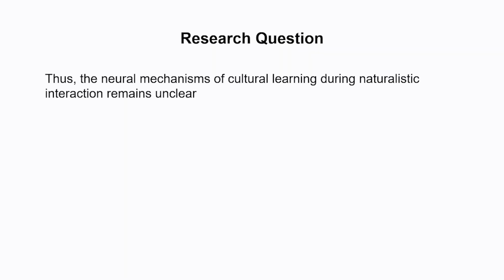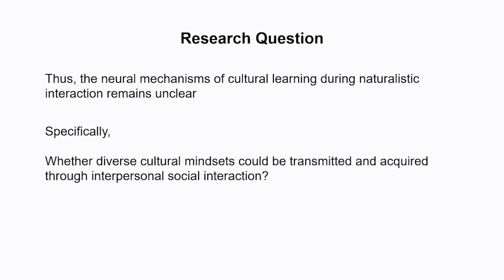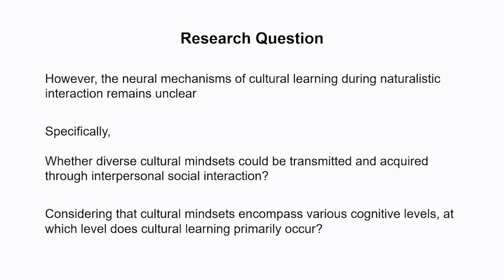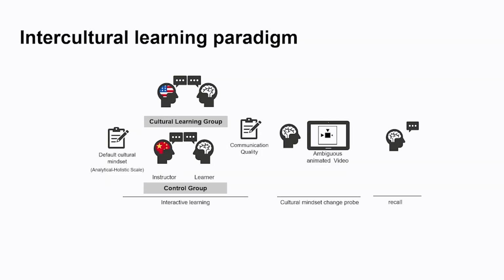So it seems that the neural mechanism of cultural learning in a naturalistic interaction context remains unclear. Specifically, our research question is whether diverse cultural mindsets can be transmitted and acquired through interpersonal social interaction. And also, as we mentioned before, cultural mindset encompasses various cognitive levels, and at which level does cultural learning primarily occur?